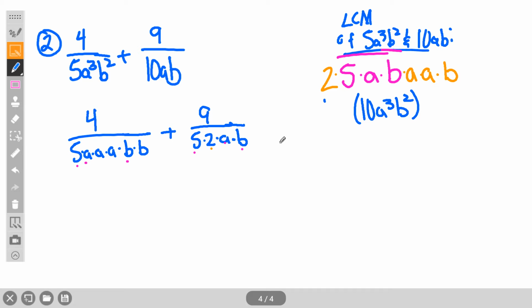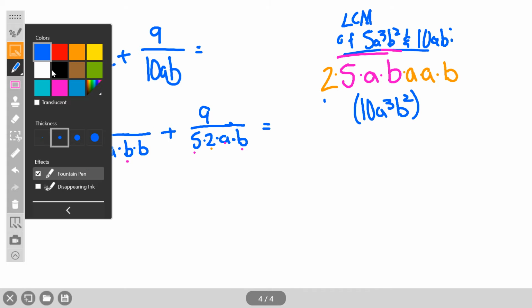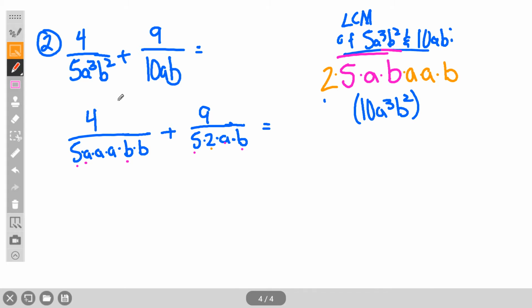So what we need to do is make that the denominator for both of these fractions. We need to multiply each fraction by what it's missing to create the denominator, so the factors that it doesn't have. We compare each denominator to the LCM, and the factor that's missing is what we'll multiply that fraction by.